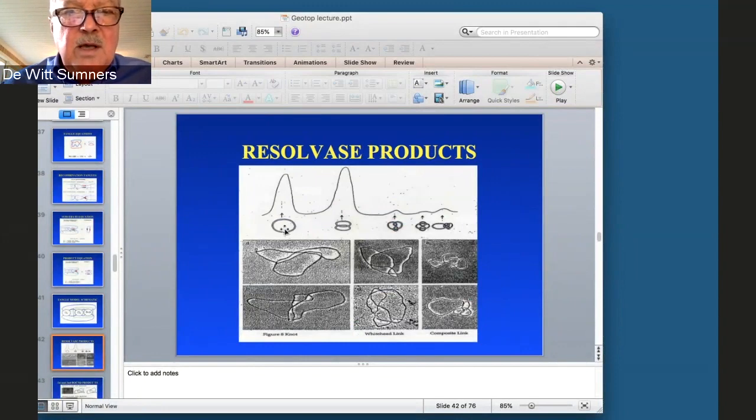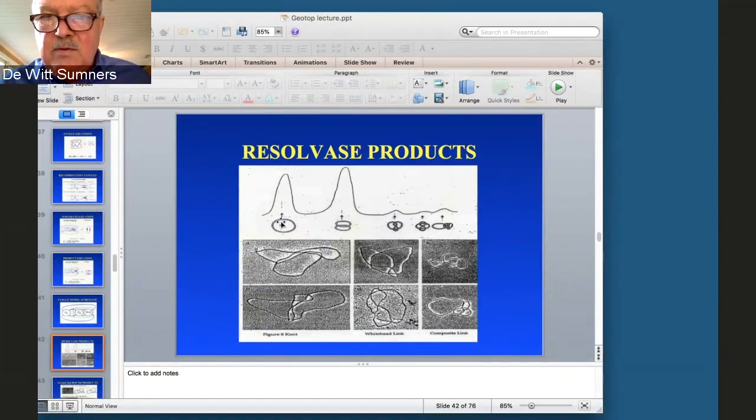You run the experiment and then do a gel to separate the products, and then you can run a light through the gel to see how thick the bands are. From the position of the bands, you can figure out, and then you take the things out of the bands in the gel and look at them under the microscope, and you can see what the topology is. This is the unrecombined substrate.